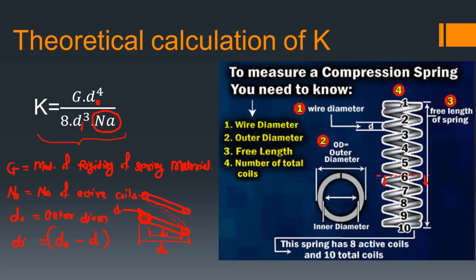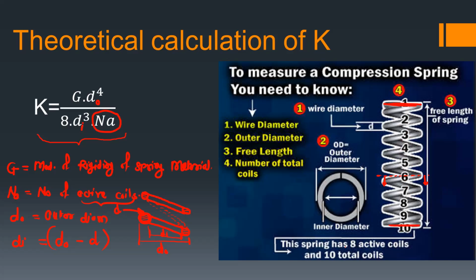So Na means, when we take the spring, the first and the last coil are undeformed. Okay. So the deformable coils are nothing but the active coils. You can observe here, there are actually 10 coils in this spring.